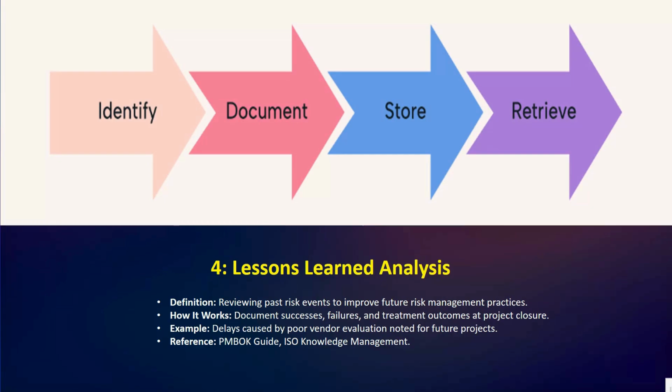Definition: reviewing past risk events to improve future risk management practices. How it works: document success, failure, and treatment outcomes at the project closure. At the end of a project or a phase, the team reviews the risks that occurred and the actions taken.